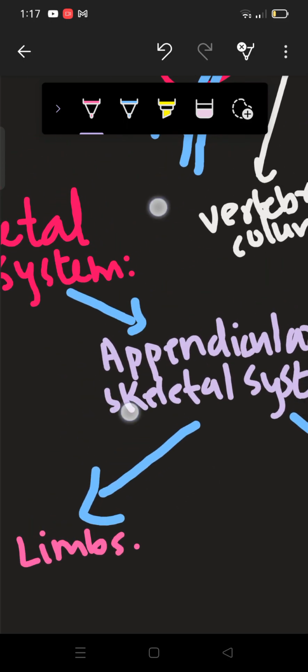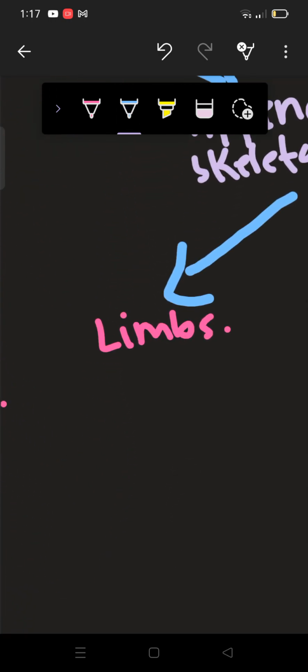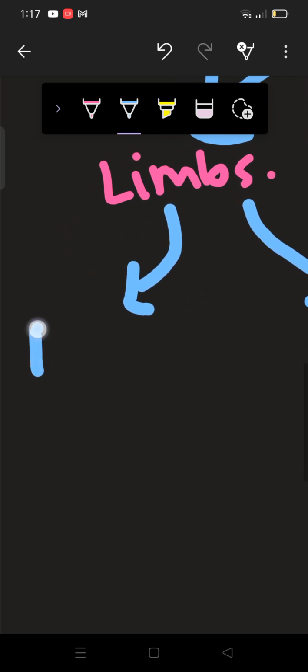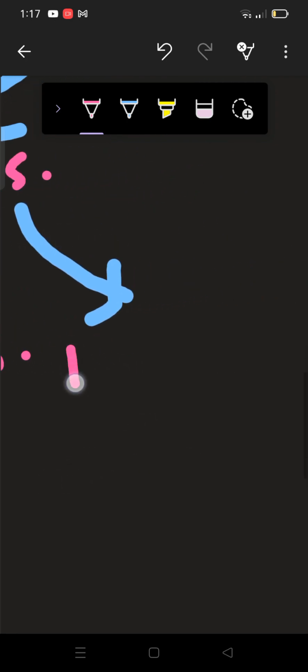So I can easily write here what structures are present in these. The first one is limbs. Both limbs, not only forelimbs but hind limbs as well. Let me write these here. We do have forelimbs as well as hind limbs.